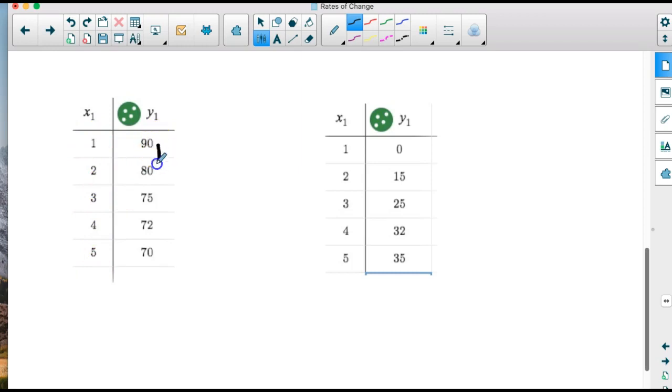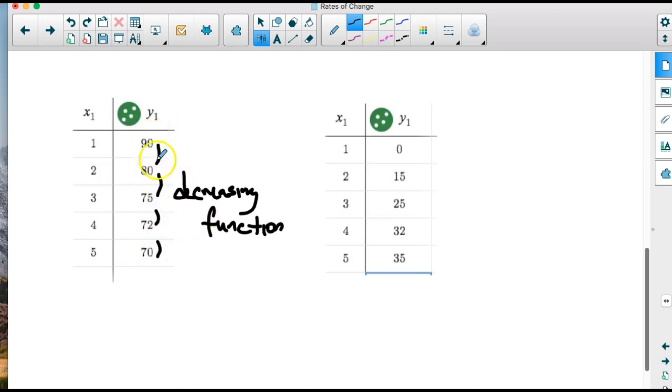So we're looking at these values, and it looks like these values are decreasing. So this is a decreasing function throughout. It doesn't go back up. It goes down 10, it goes down 5, it goes down 3, it goes down 2. So it's always decreasing.